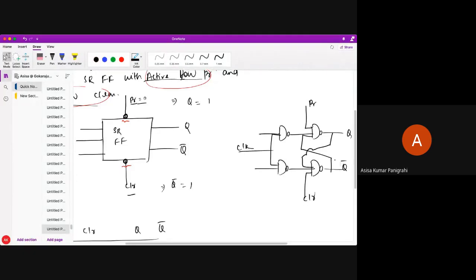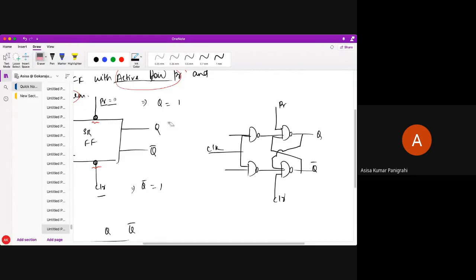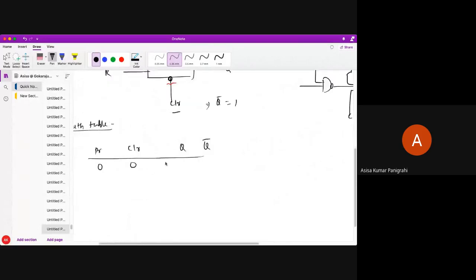Now, if I apply preset equal to 0, Q equals 1. If I apply clear equal to 0, Q bar equals 1. So we got an invalid initial state when preset is 0 and clear is 0.